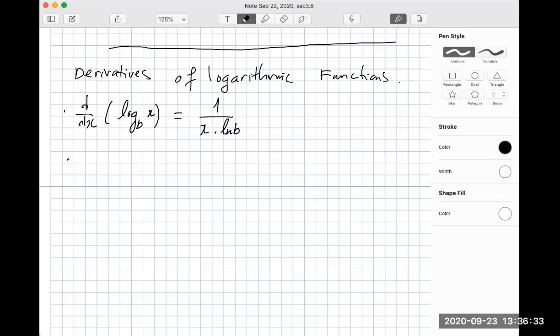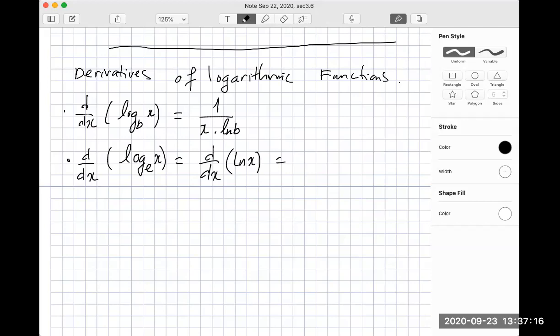And therefore, the special case of this, which is log base e of x, what is it? So what is a log base e here? Yeah, ln. Thank you. So if the base is the constant e, we write it ln x, natural log of x.